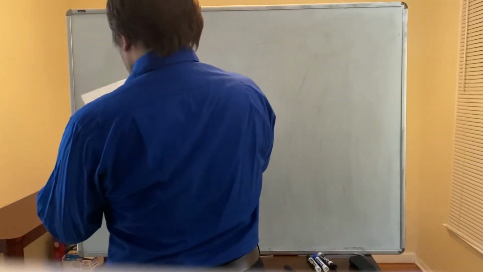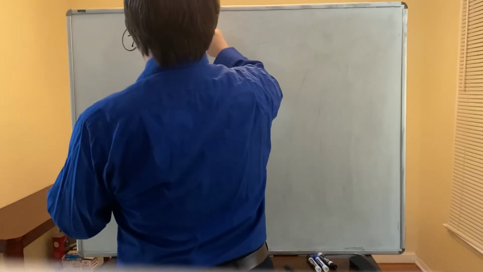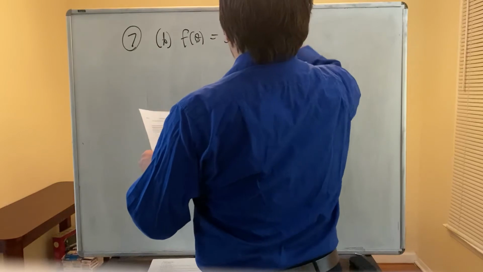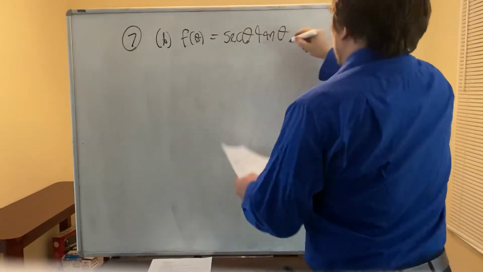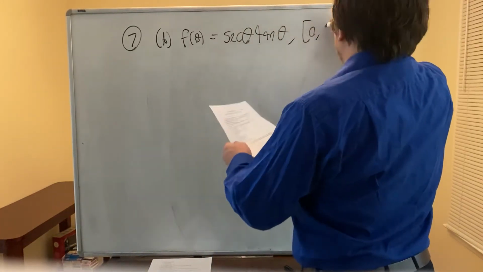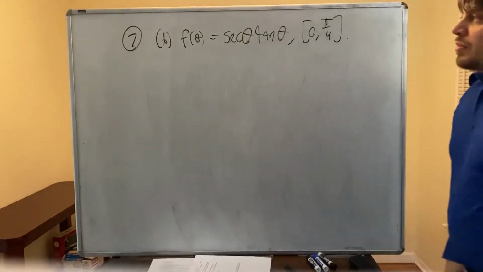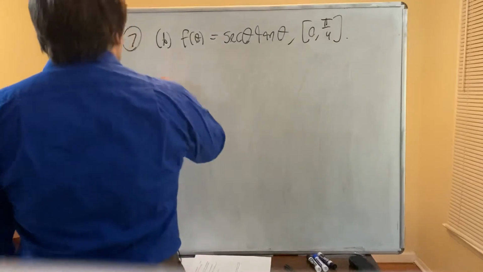7b, f of theta is equal to secant theta tan theta from 0 to pi over 4. Okay, so let's find the average value of f.